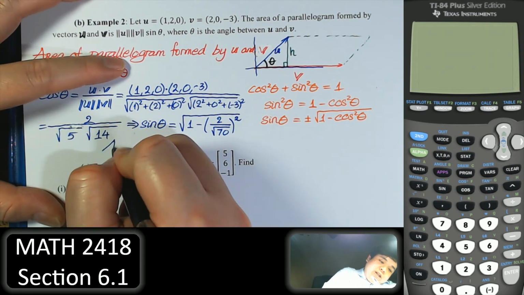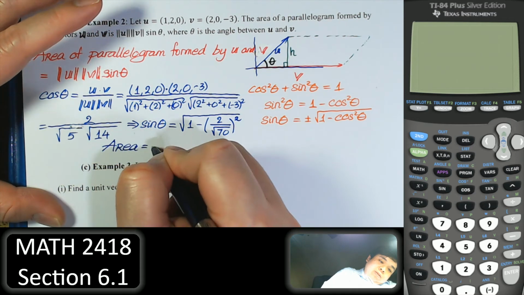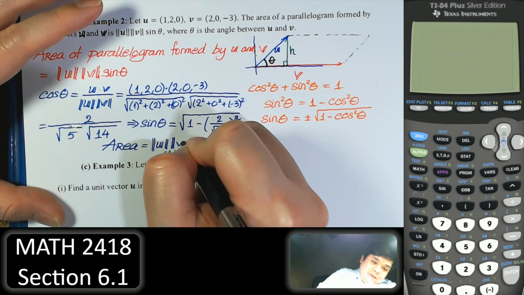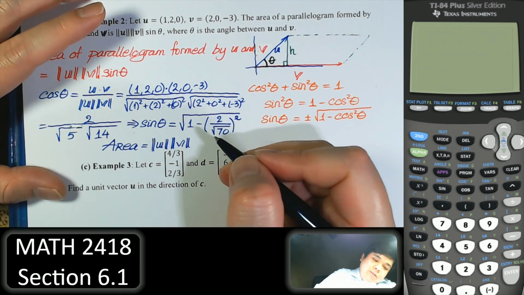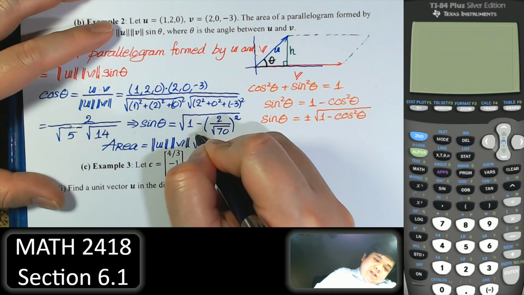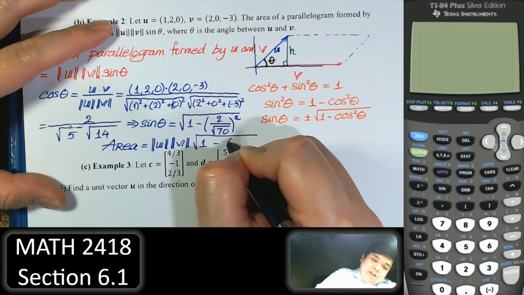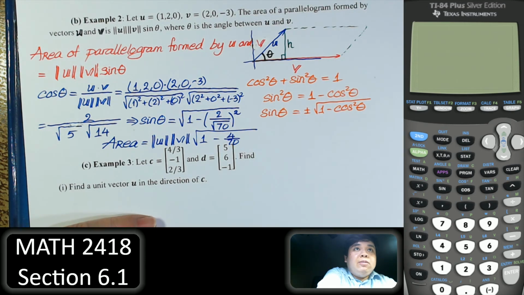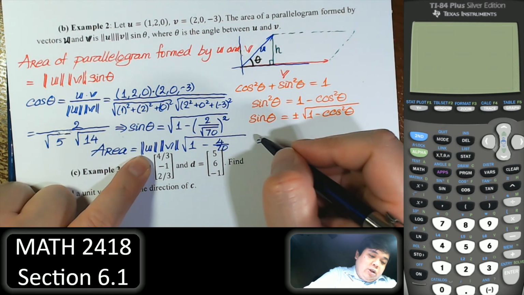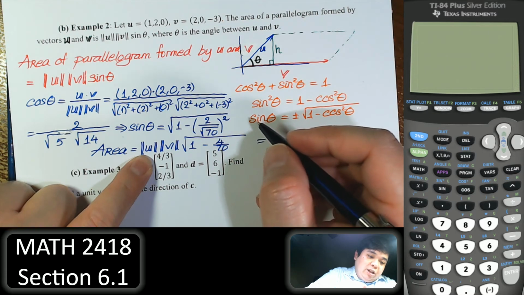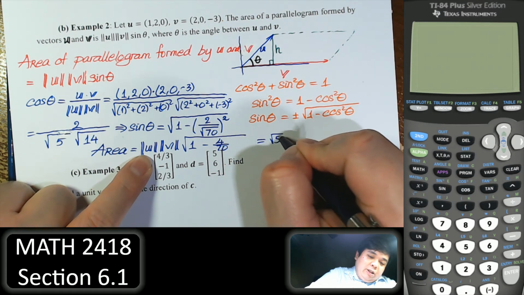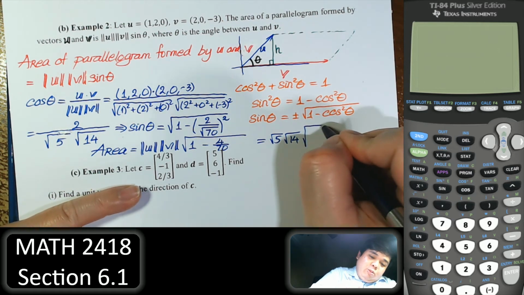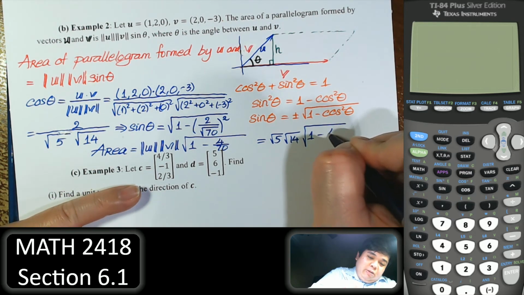So the area is equal to the length of u times the length of v times sine, which is the square root of 1 minus 4 over 70. The length of u is the square root of 5, times the square root of 14, times the square root of 1 minus 4 over 70.